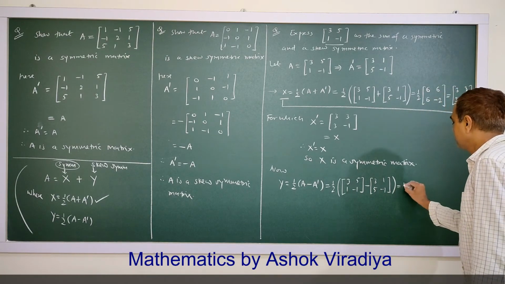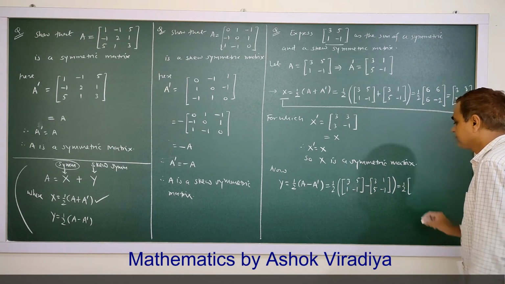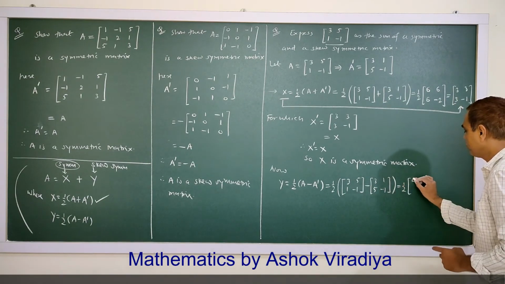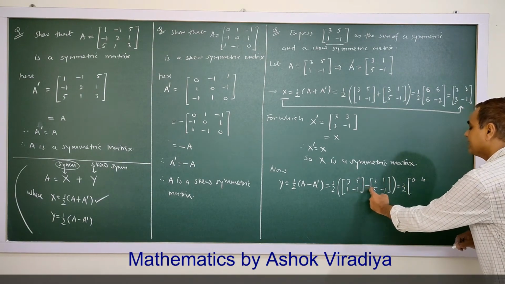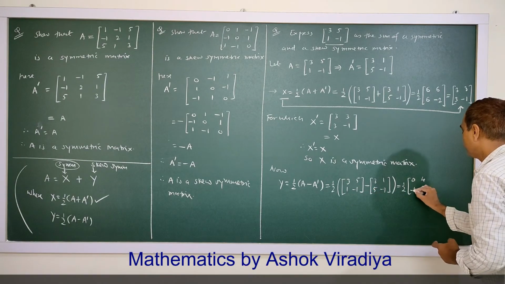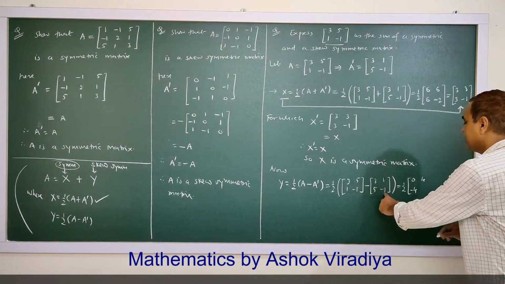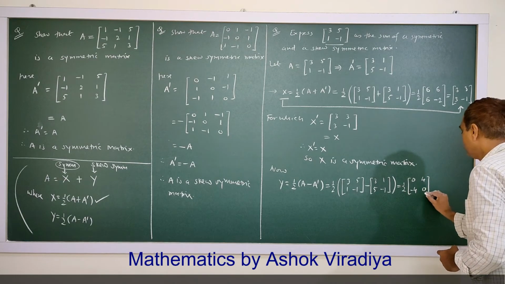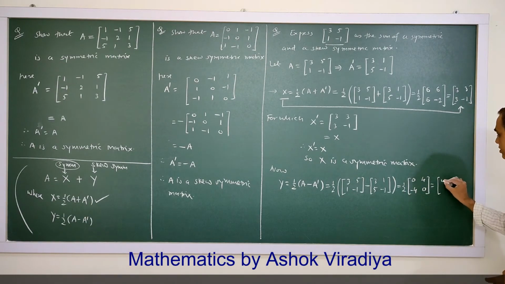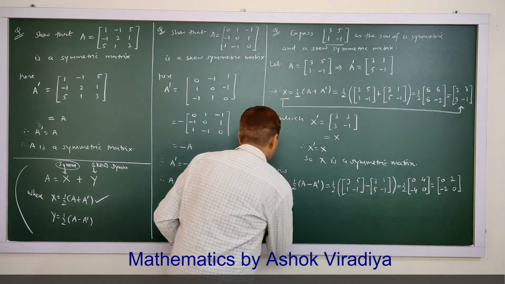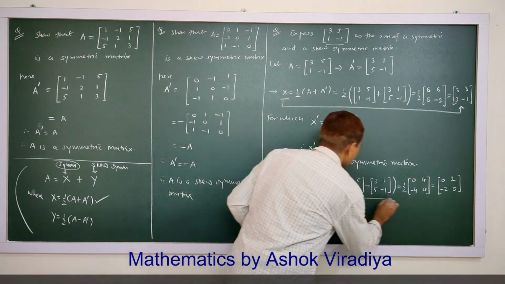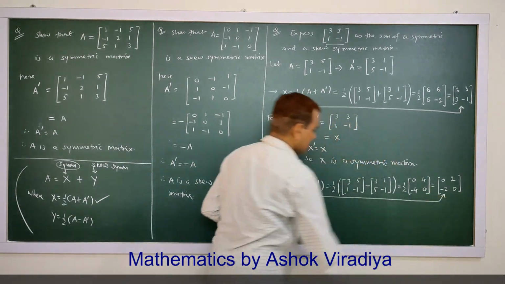So it is 1 by 2 times [3 minus 3 is 0, 5 minus 1 is 4; 1 minus 5 is minus 4, minus 1 minus minus 1 is 0]. So it is [0, 2; minus 2, 0]. So this is Y.